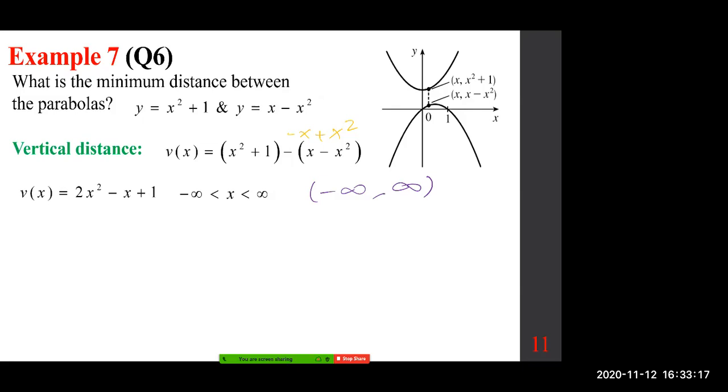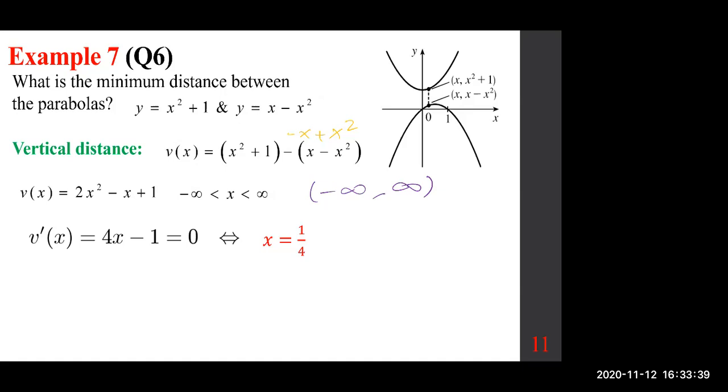So having said that, let's differentiate. V prime is 4x minus 1, set it equal to 0, x becomes 1/4. Now, what is the fastest way to get to the answer? V double prime, because remember, x equals 1/4 is simply a critical point.